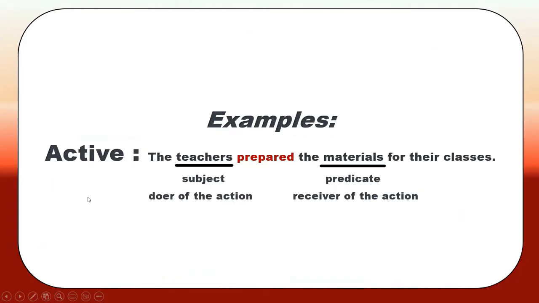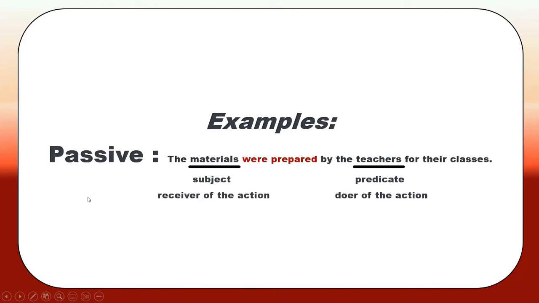Here are the examples. For the active voice, the sentence is this: the teachers prepared the materials for their classes. Teachers, the subject or the doer of the action. Meanwhile, the materials, the predicate or the receiver of the action.